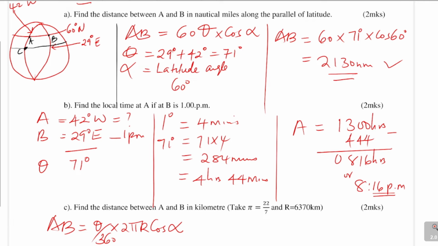So now the other question you need to ask yourself is what kind of distance is this? Distance AC is distance along the meridian, or along that longitude, and that is distance along the great circle.